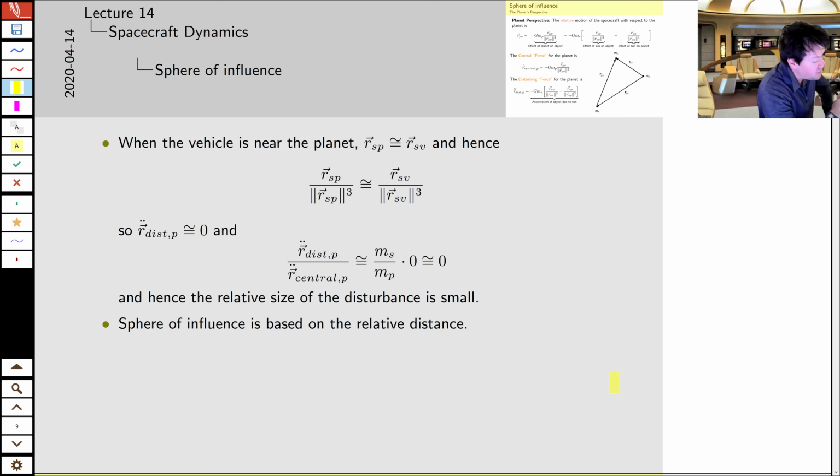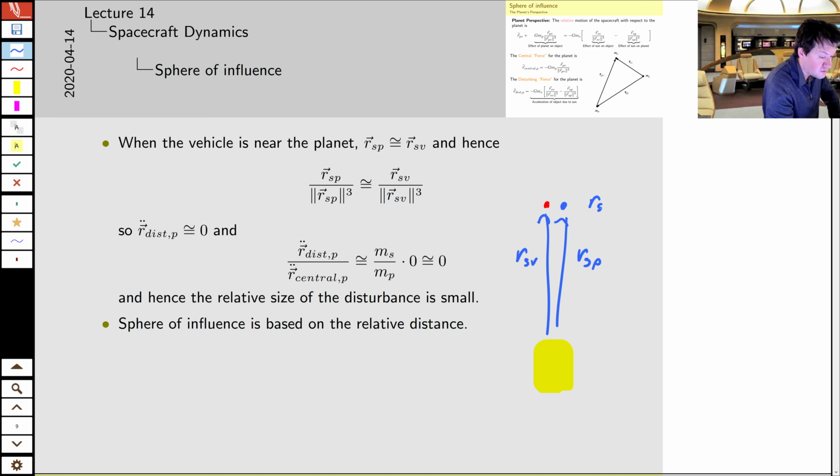So again, intuitively, when the vehicle is near the planet, we've got this picture here: vehicle, planet, sun. When they're near each other, these vectors, rsv and rsp, are going to be approximately equal to each other, vector-wise.